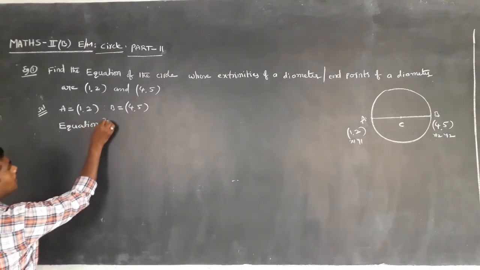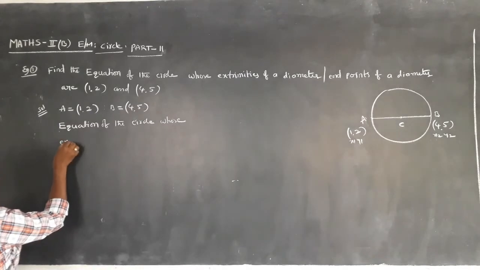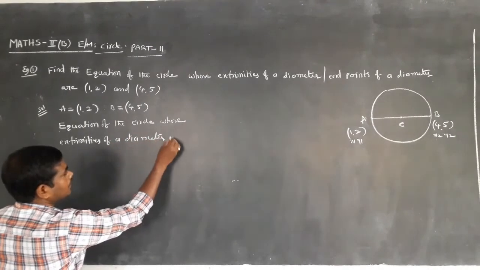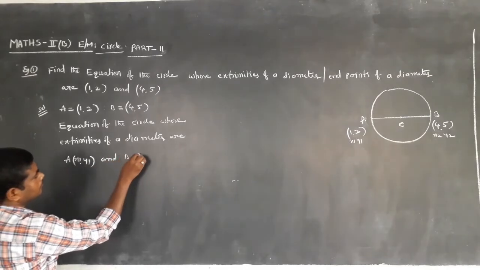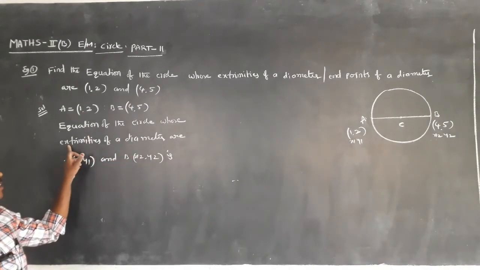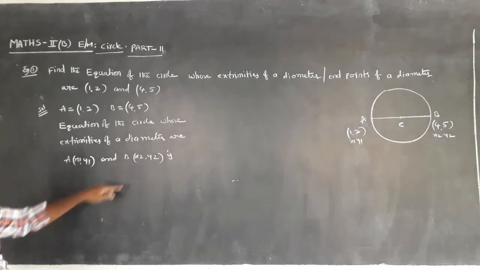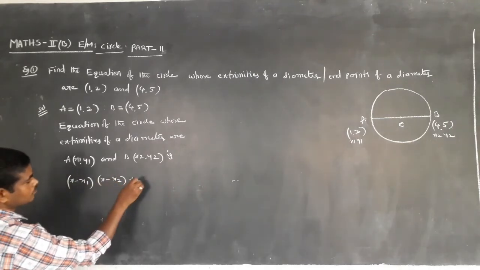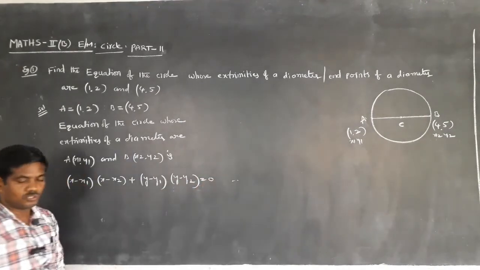Equation of the circle whose extremities of a diameter are A(x1, y1) and B(x2, y2) is (x - x1)(x - x2) plus (y - y1)(y - y2) is equal to 0.